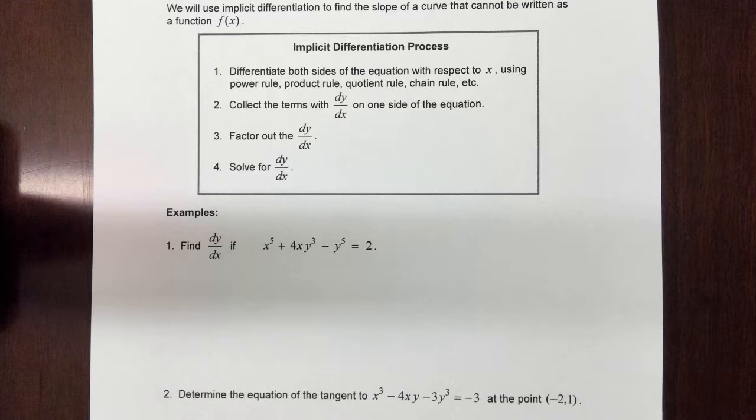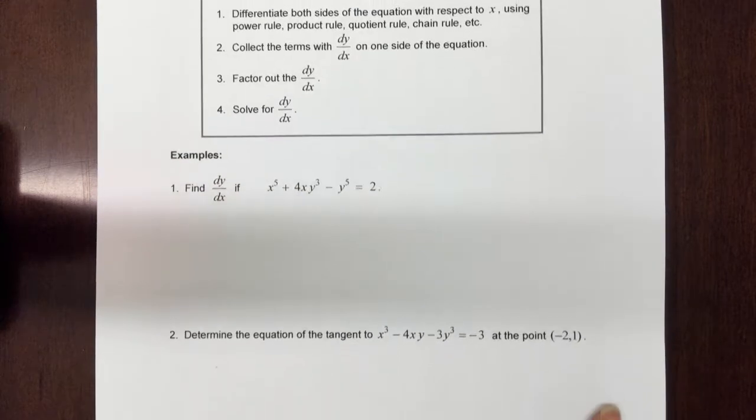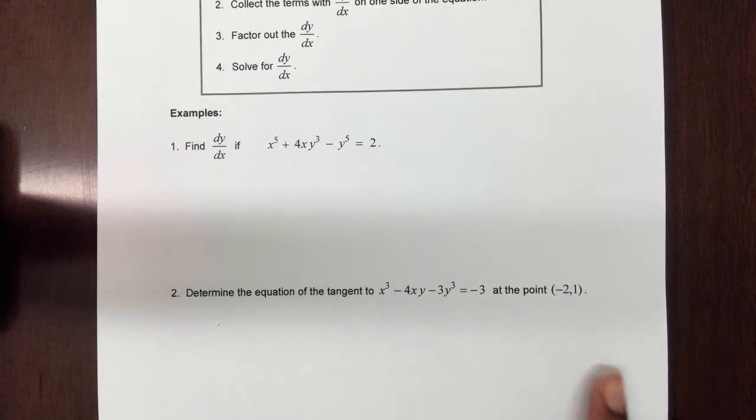Then you want to get all the dy/dx terms to one side of your equation, factor out the dy/dx, and then solve for dy/dx. So our first example should look similar to ones that we did in class today.